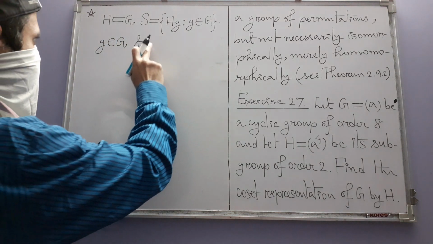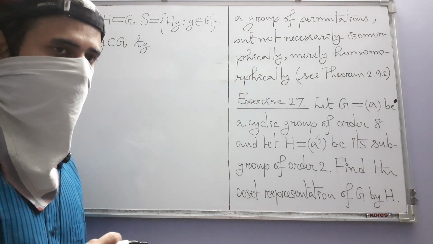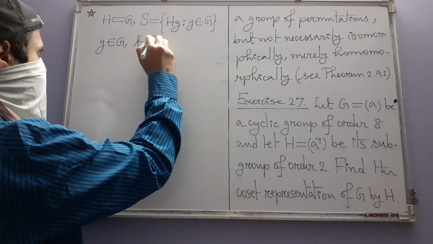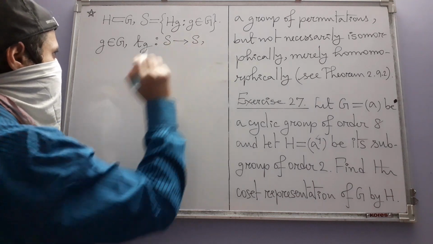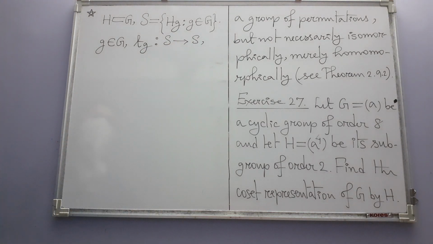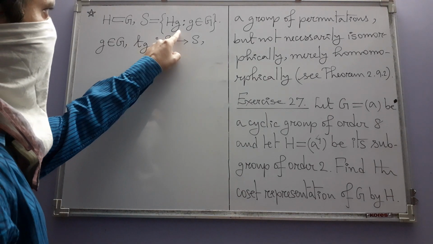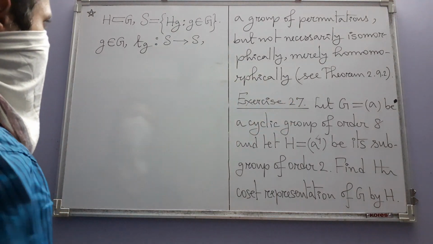You can compare this function Tg with those previous functions tau G, which is a function from G to itself. Here, however, this is a function from S into S, and so that means the input of this function is going to be a right coset of H in G, and the output is also going to be a right coset.